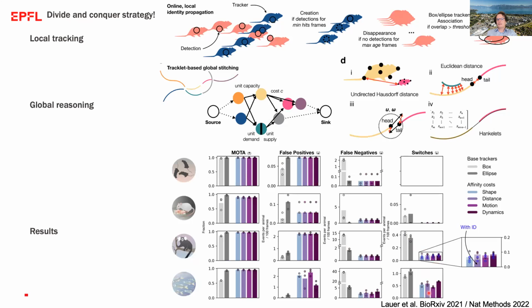So for a data set that is as challenging as this, you always need to visually verify if the tracking is correct. And importantly, especially for the marmoset, where we also have supervised ID information because these are marked animals, we see that using the identity cost for global reasoning, we can further reduce the tracking error quite substantially.